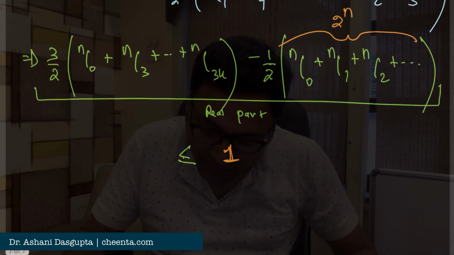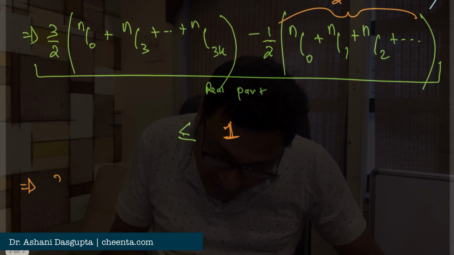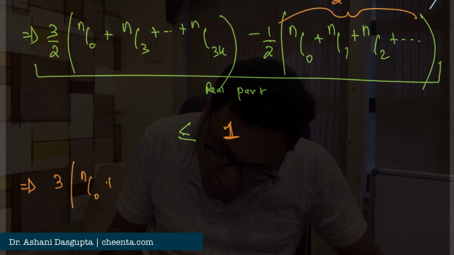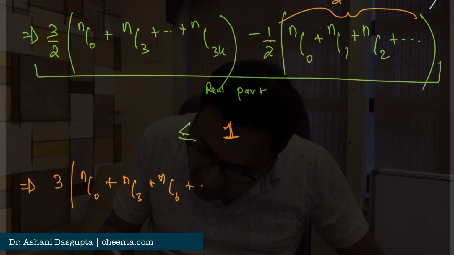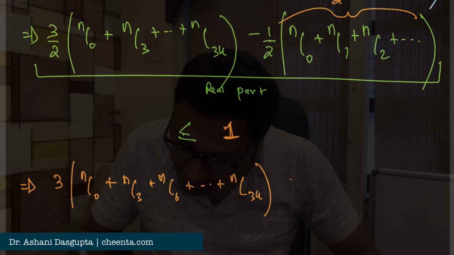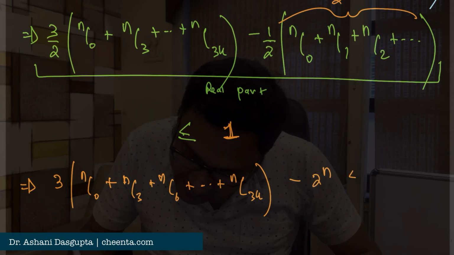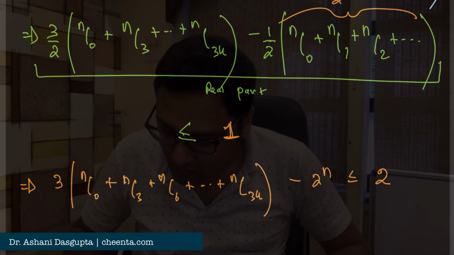So if I multiply by 2, what I have is 3 times n choose 0, n choose 3, n choose 6 up to n choose 3k minus 2 to the power n is less than or equal to 2. I just multiplied by 2 on all sides.